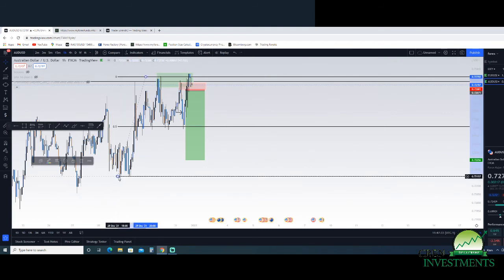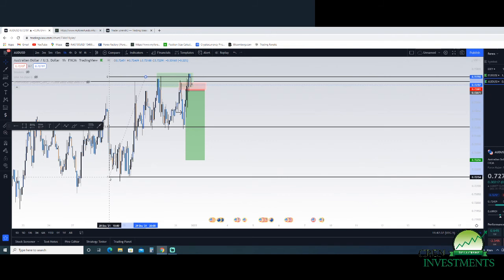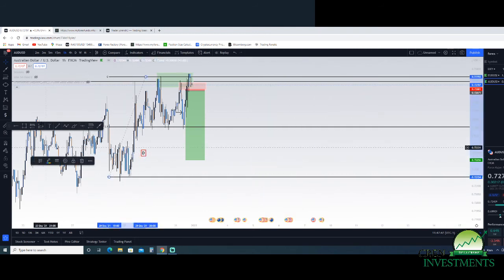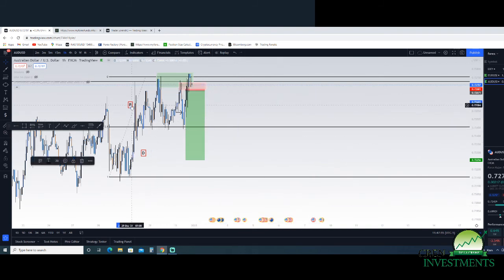That's why I have this Fibonacci drawn on the 1 hour, from this swing high to swing low. And now this is a discounted price right here, and this is your premium price right here.